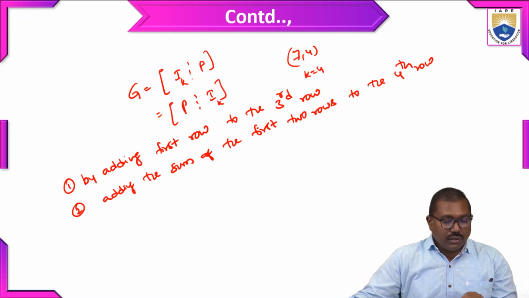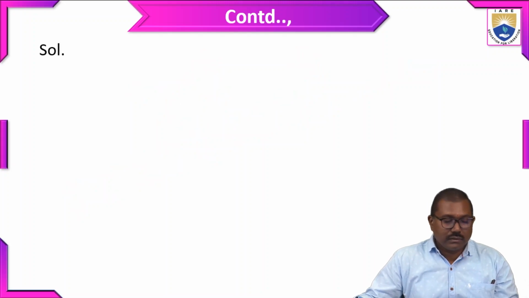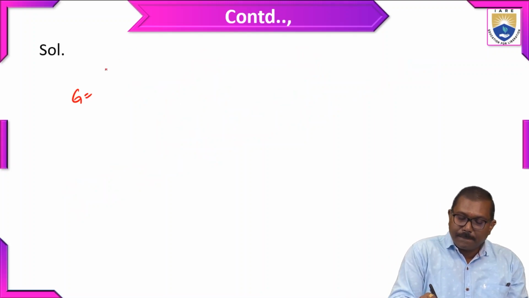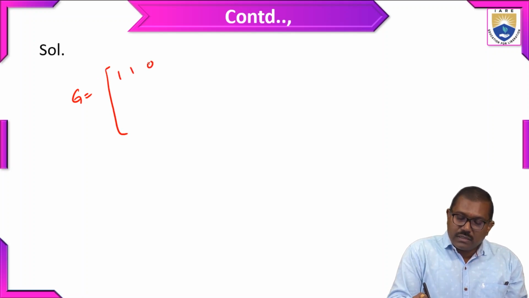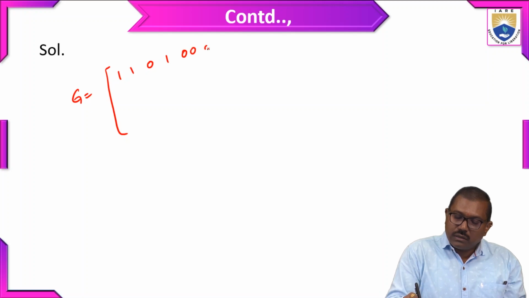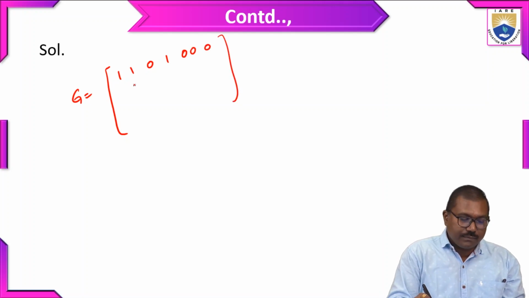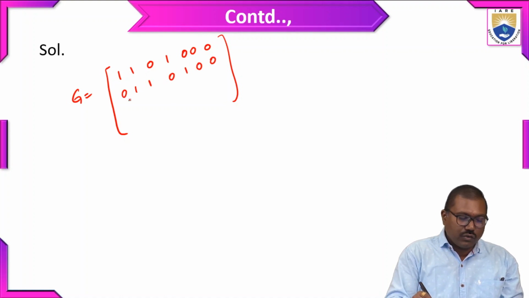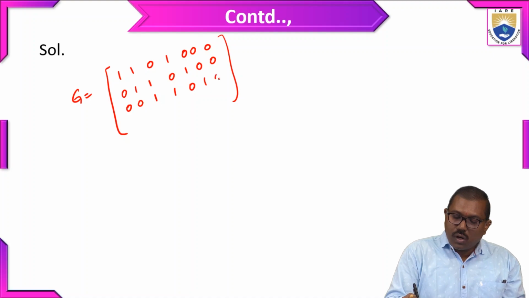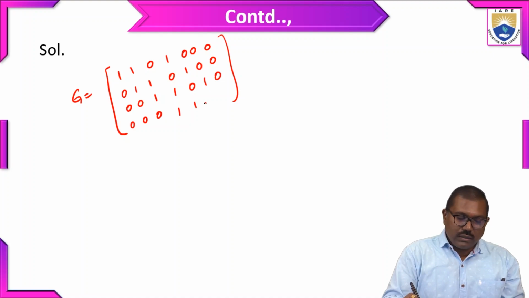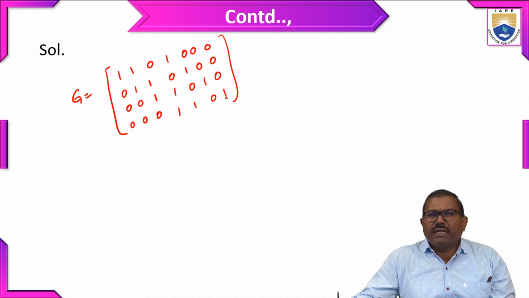Okay. So again I write my G: 1101000, then 0110100, next 0011010, then the last one 0001101. Okay, so this is my non-systematic pattern of the generator matrix.